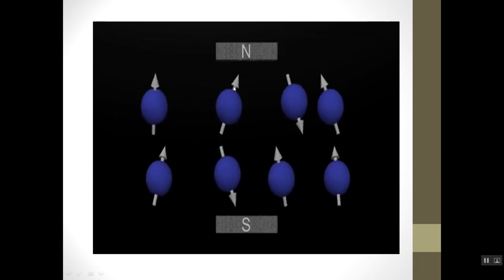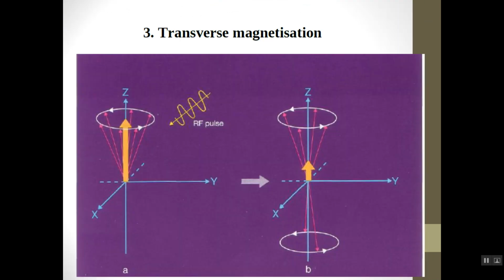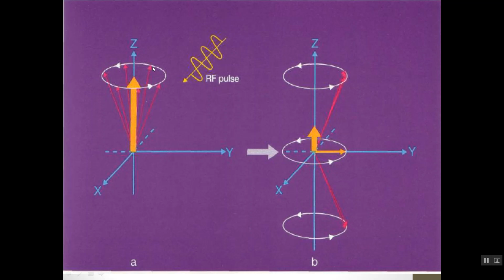After applying the radio frequency pulse, the protons will be in phase. You see that here the protons are dephased, not in phase, before applying the radio frequency pulse, but after applying it, all protons become in phase. And another magnetization will appear in the XY direction, which is called transversal magnetization.